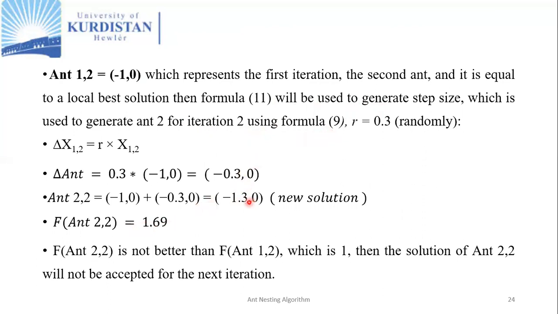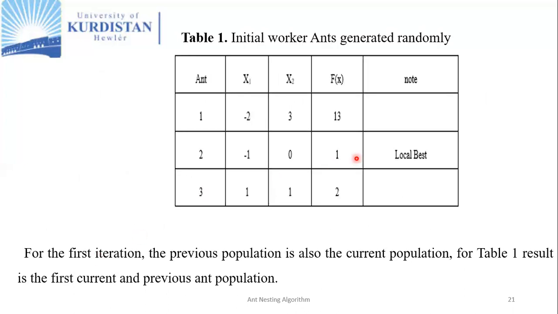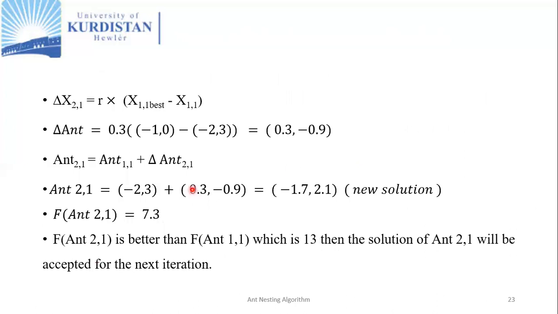We get the fitness for this one: -1.3 square plus 0 square, so 1.69. This one cannot be accepted because it's greater than what we had for ant 2. For ant 2, we had fitness 1.